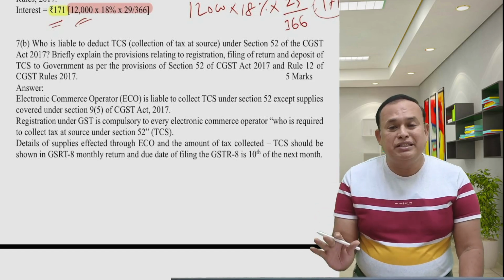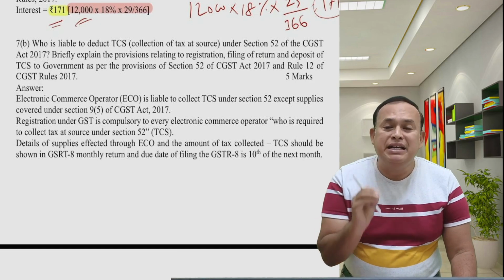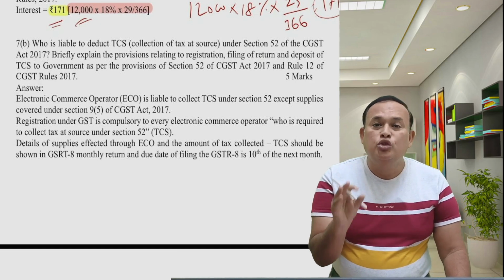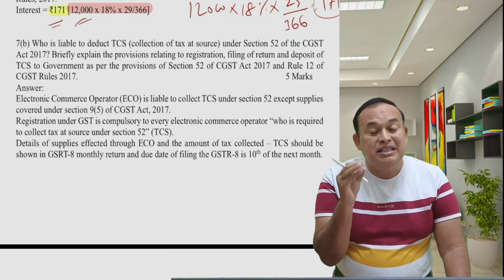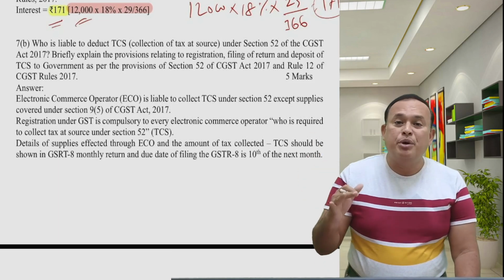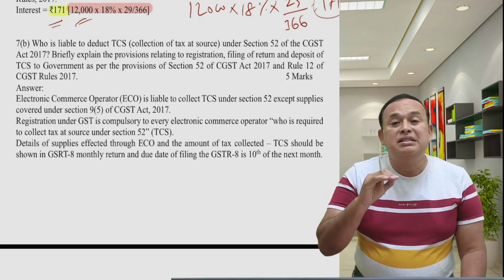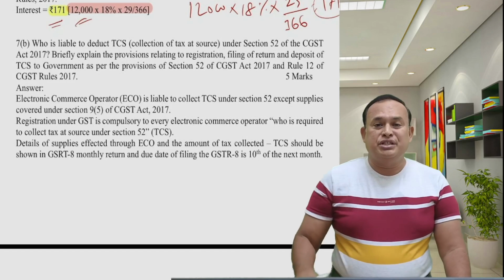Further, their registration under GST law under section 24 is mandatory, compulsory to pay the TCS amount. In addition to the GST registration, the e-commerce operator should have a separate registration as TCS depositor.